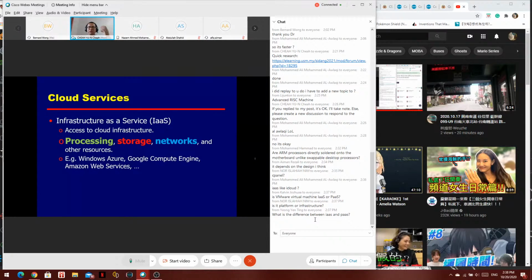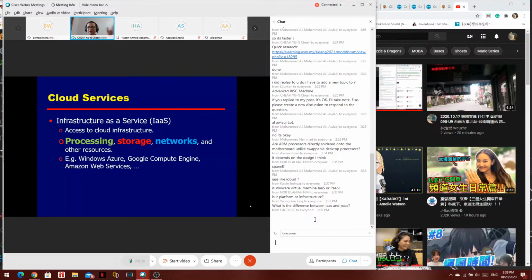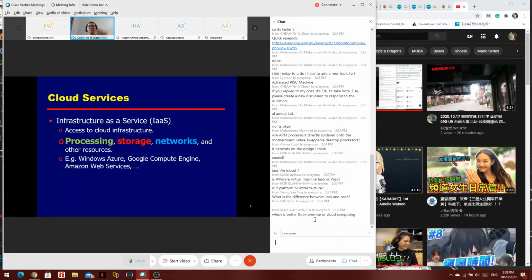As I was mentioning, infrastructure as a service focuses more on the processor and storage capabilities, whereas platform as a service is more for developing components and software, and then you run it on the cloud itself. So platform as a service is a bit higher level than applications, whereby the programmer goes into the platform to develop applications. That's the main difference.